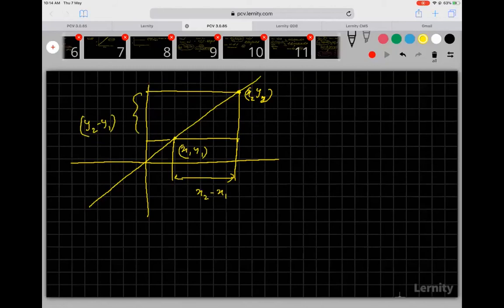Now if this angle is theta here, can I say tan theta is equal to y2 minus y1, opposite side by adjacent side, x2 minus x1?